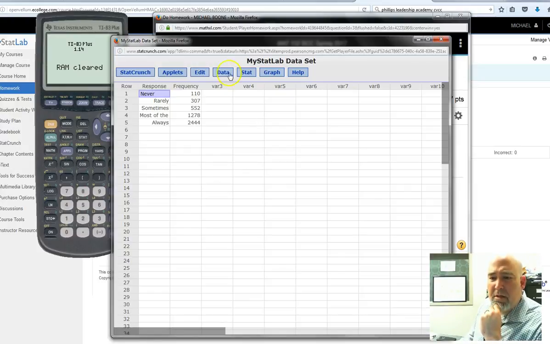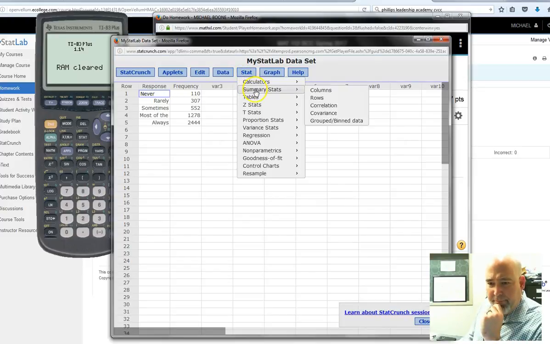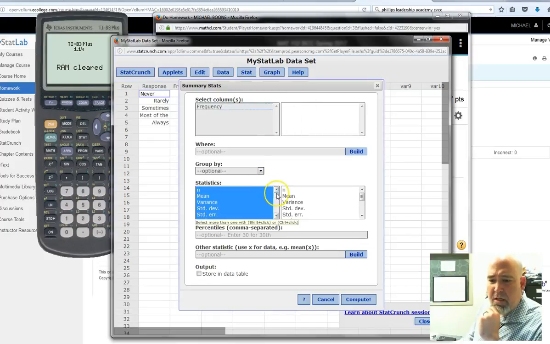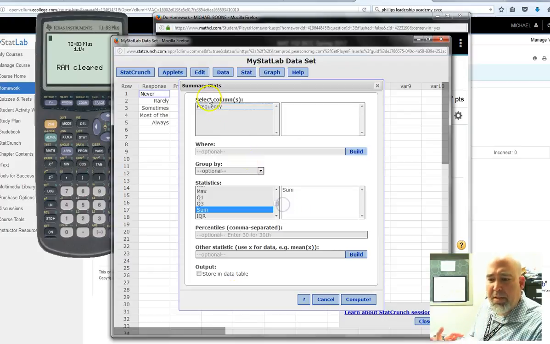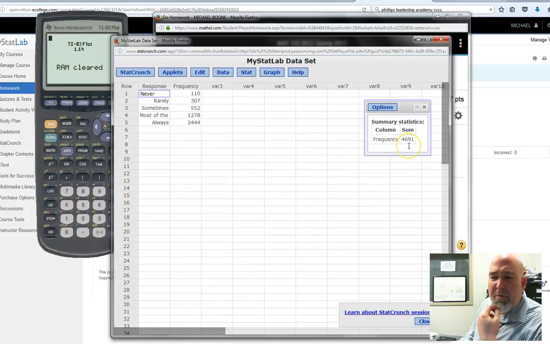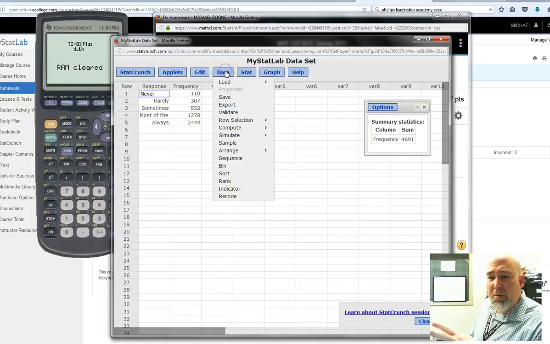in StatCrunch. If I do Stat, Summary Stats, and just looking at the columns, there is an option in here for just a sum if I wanted to add it up. So I have a sum of 4691. So I can use StatCrunch and Excel capabilities to compute something.